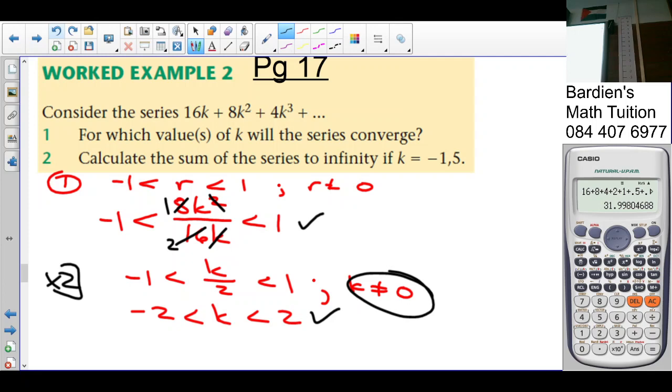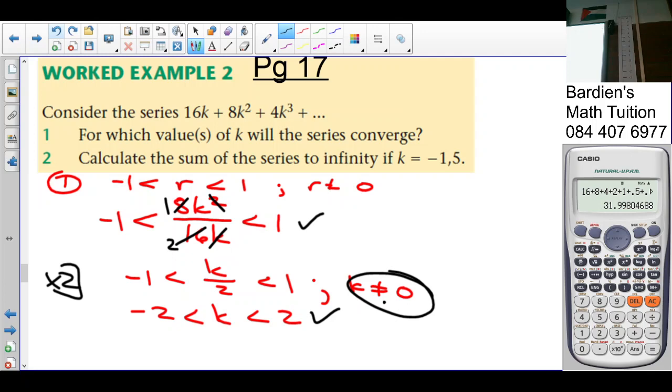Anything divided by 0 is undefined. So it's actually not a geometric series. Okay? That's why I always put this in here. I think 1 or 2 textbooks also have that, but you'll see in the memos they don't have it. Okay? But okay, let's carry on.